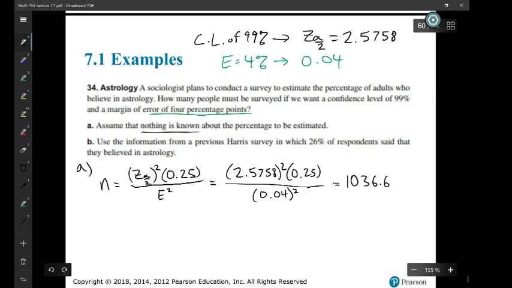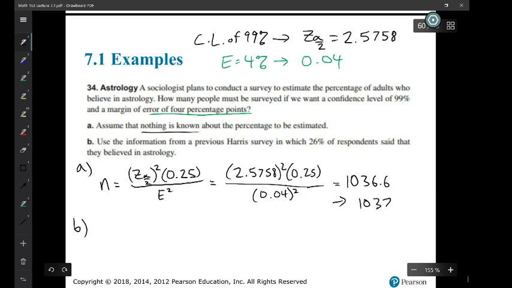And we want to round up to the nearest integer, so 1037, to be sure that we make the correct estimate. So in order to get a confidence level of 99% on adults who believe in astrology with a margin of error of 4%, you would need to survey 1037.